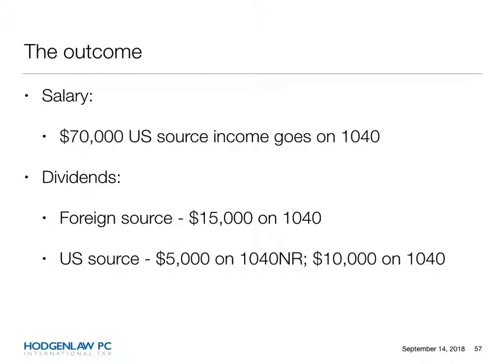So essentially the U.S. source dividend income of 5,000 that he earned before he became a U.S. resident. Next page, we have the Schedule NEC, which shows that 5,000 taxed under 30%, and under the line for dividends paid by U.S. corporations.